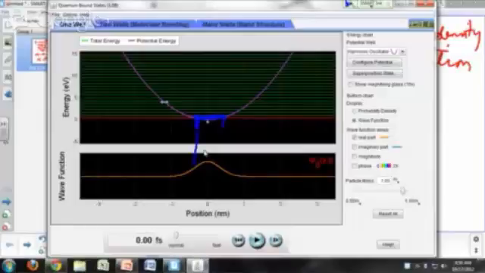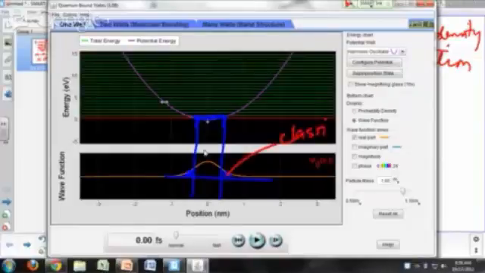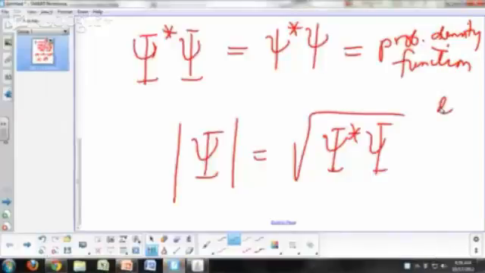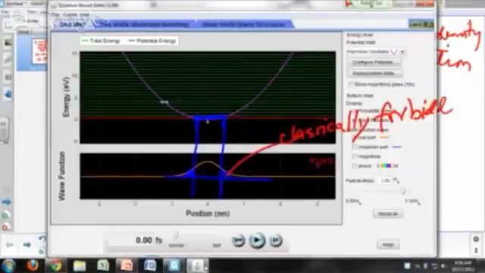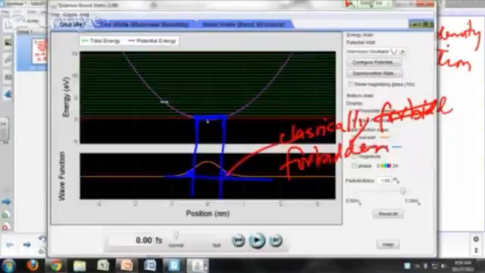Let's draw a vertical line down here. And what you'll notice is that there is a finite probability of finding the particle beyond the classical turning points. So according to classical mechanics, this is a classically forbidden region. But there is a finite probability of finding the particle there.